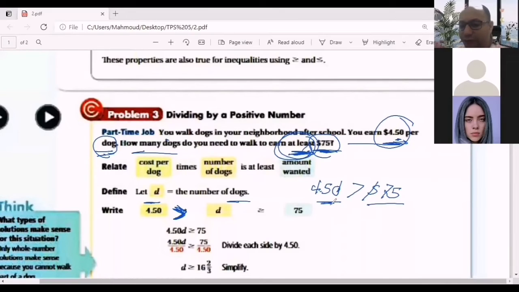Okay, the next step, how can we solve this? The operation here is multiplication, so we will convert it by division. So the first step, we will divide all sides of the inequality by what?